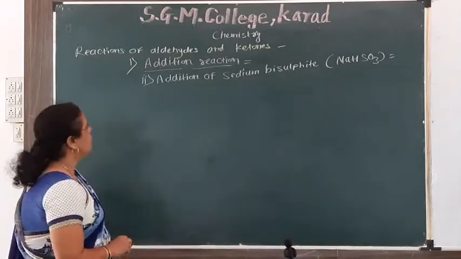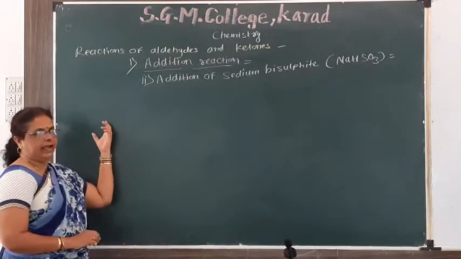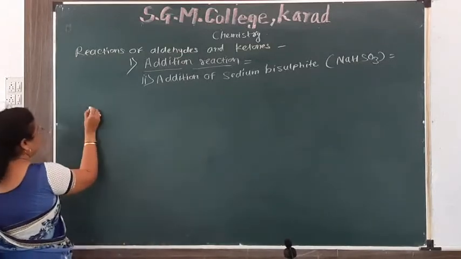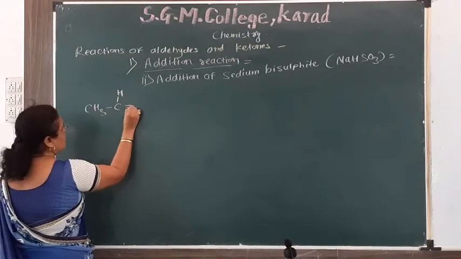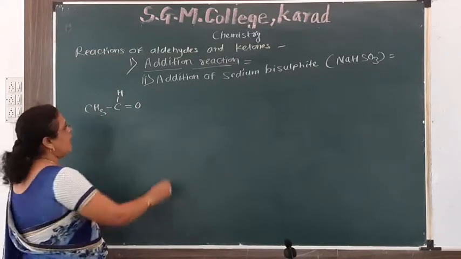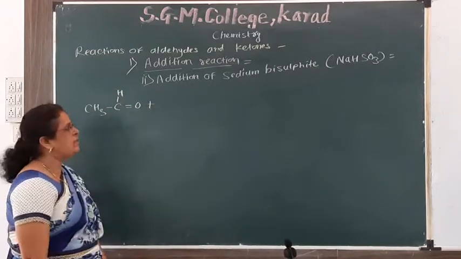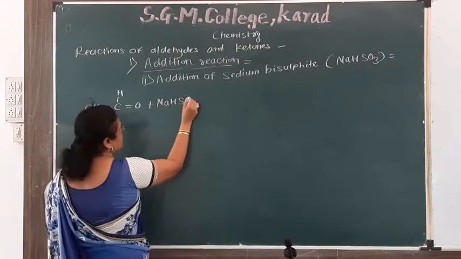For example, in case of aldehyde, take acetaldehyde. The formula of acetaldehyde is CH3CH=O. This acetaldehyde reacts with sodium bisulfite, that is NaHSO3.